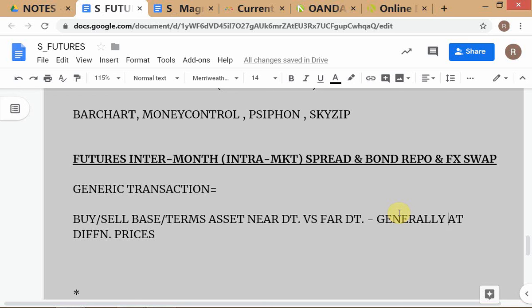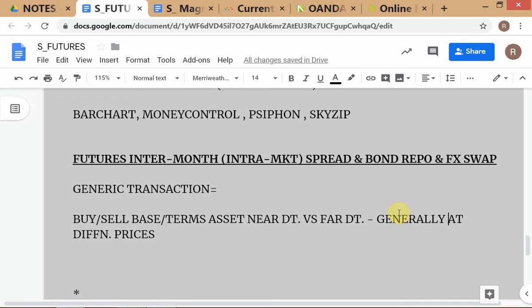Are you following? Because your P plus I is equal to P. P is what you got on the near date by selling the bond, and on the far date you have to pay back P plus I, but you find that P plus I is equal to P, which means I is equal to 0.